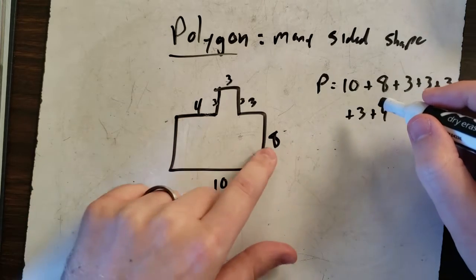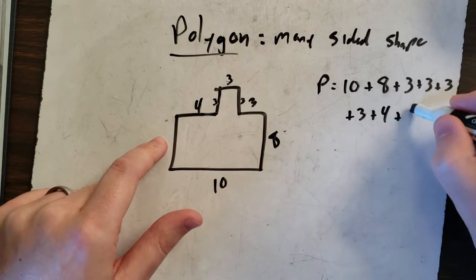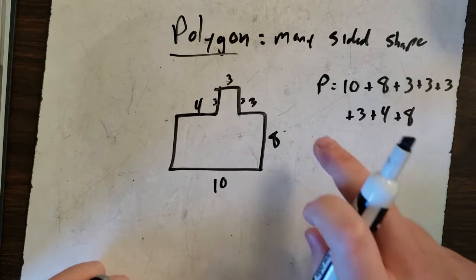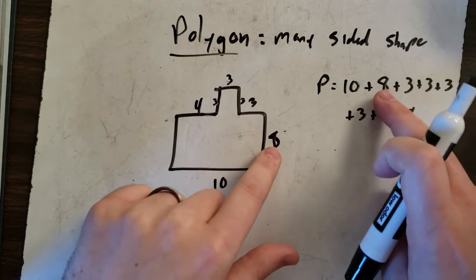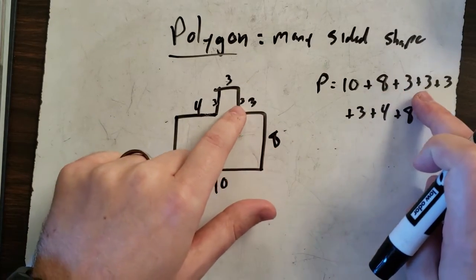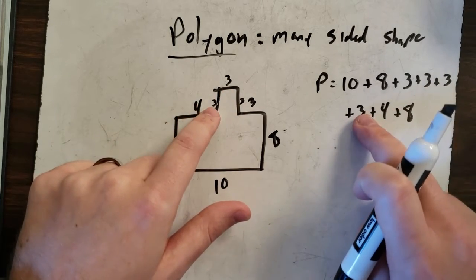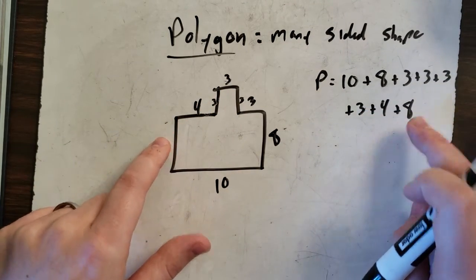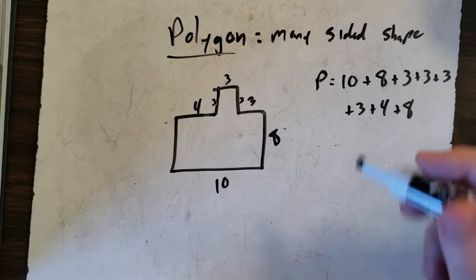Now that's over here, it's going to be 8 plus 8. So all of our sides: 10, 8, 3, 3, 3, 3, 4, 8. Add them all up.